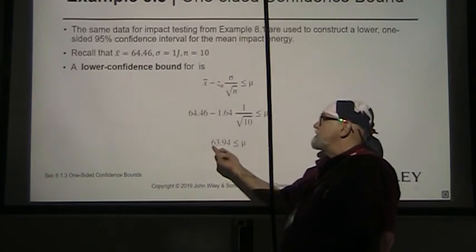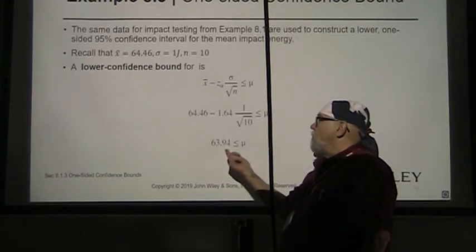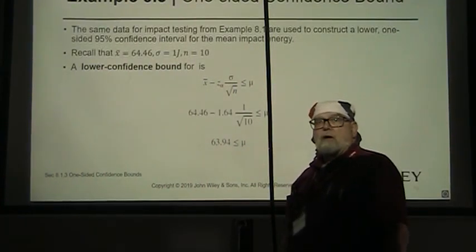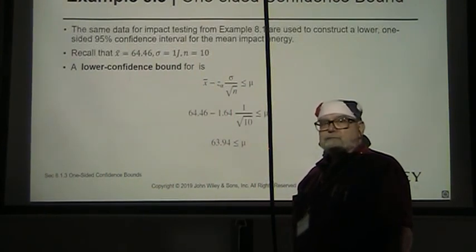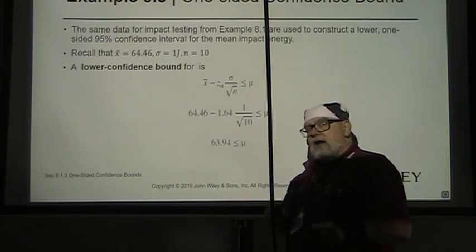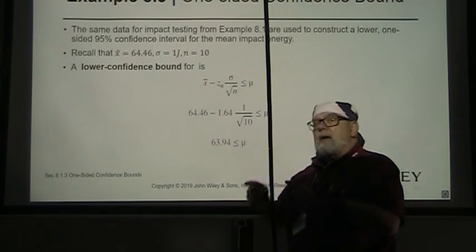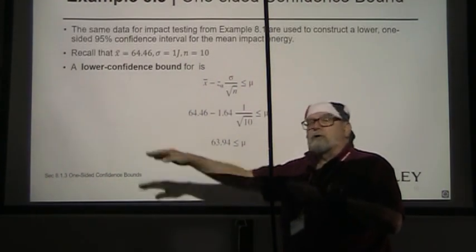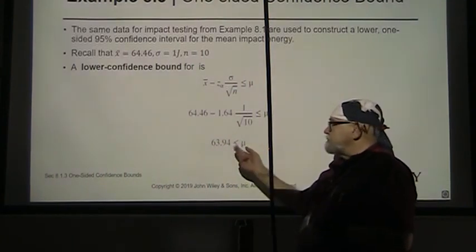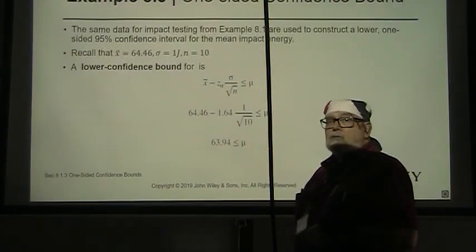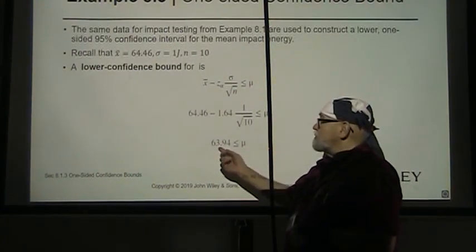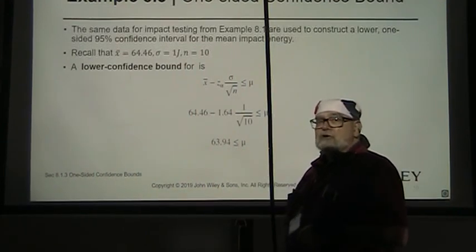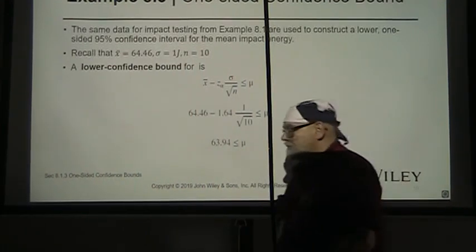And we get that 63.94 is less than or equal to mu. Okay, so in this case, we want the impact energy to be above a certain level. And we're hoping that 63.94 joules is the right number for that.